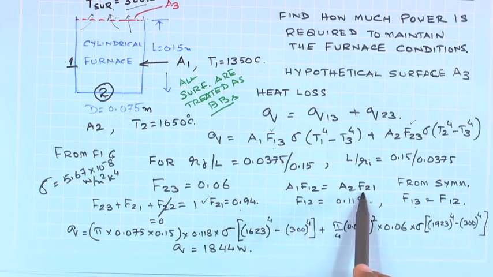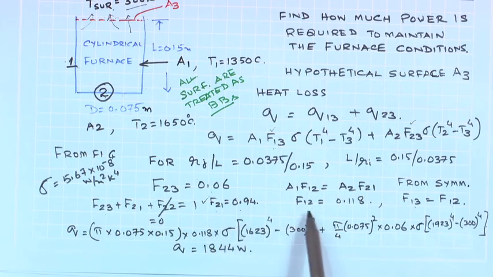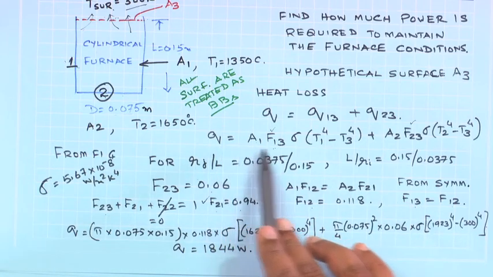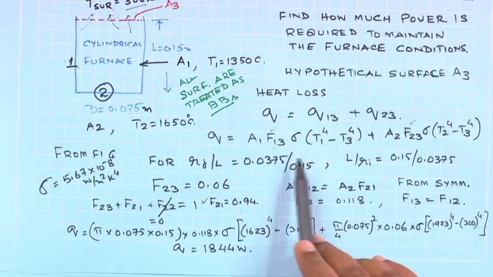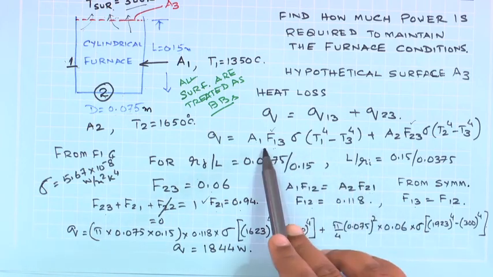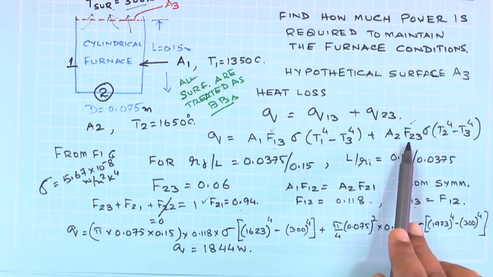Using the reciprocity relation and the known value of F21, I calculate F12, and from symmetry I find out F13. Therefore, I have obtained all the parameters required for finding out the total loss of energy.